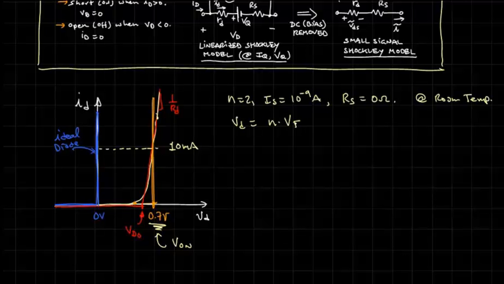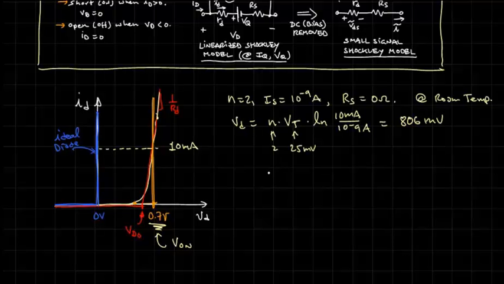So you'd have N, which is 2, times VT, which we'll use 25 millivolts because it's room temperature, times the log of the current, 10 milliamps, divided by 10 to the minus 9 amps. You would evaluate that and find some voltage. In this case, VD evaluates to about 806 millivolts.